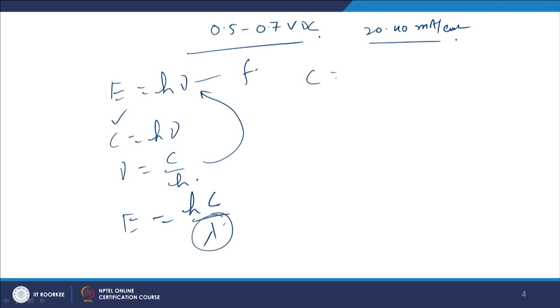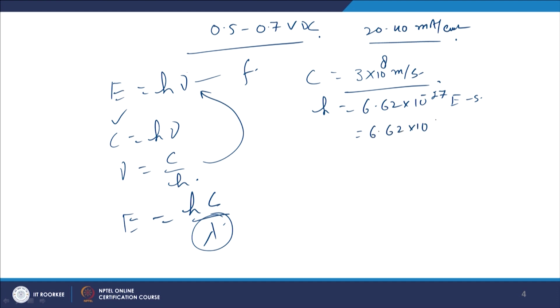C is 3 into 10 to power 8 meters per second, the speed of light. h is equal to 6.62 into 10 to power minus 34 joule second.